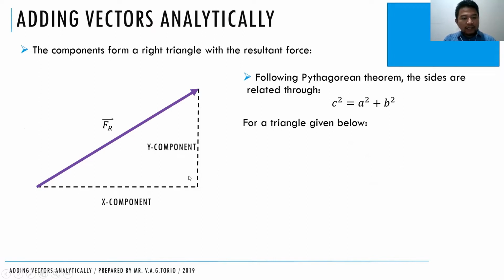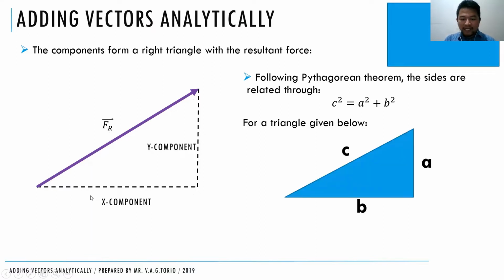We note that with the Pythagorean theorem, we have the relationship c squared is equal to a squared plus b squared. We can draw a similar triangle to our example here, which showcases a triangle with the sides F sub r, y component, and x component.